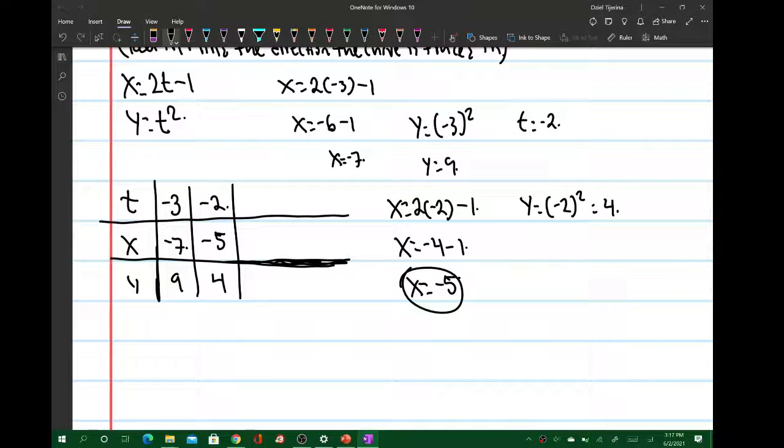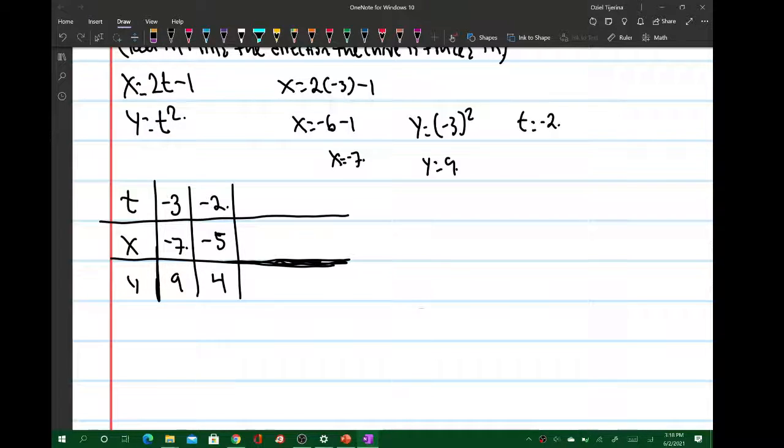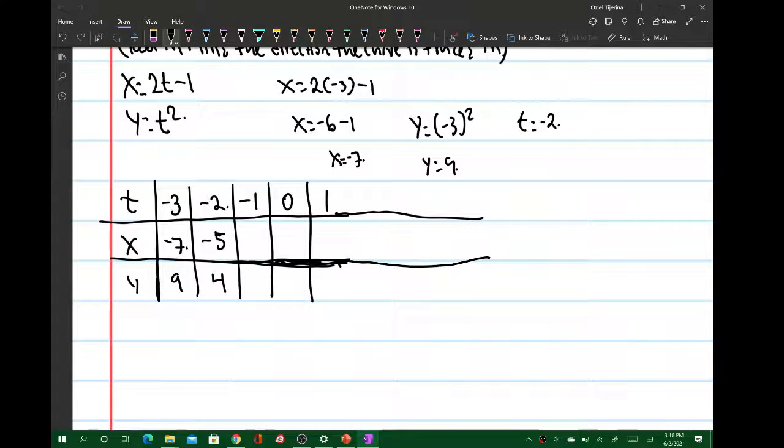And I'm going to keep going down the row, increasing the t values. So I'm going to say -1, and then 0, 1, and then 2, and I'm going to go all the way up to 3, okay?